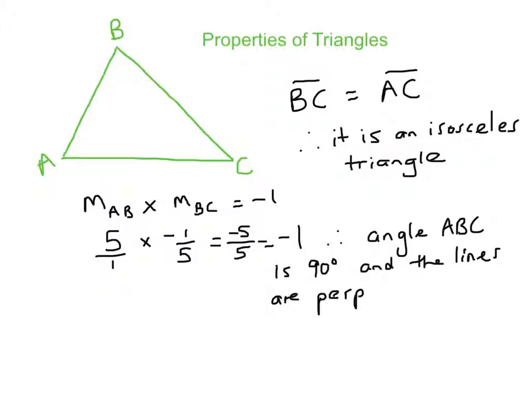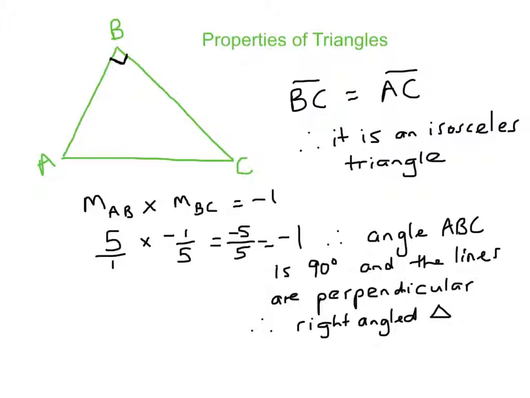Perpendicular means that they're at 90 degrees, and therefore you could say it's a right-angled triangle. Up here, we're saying that those two gradients multiply to make negative 1, so therefore it's right-angled, using that as a proof.